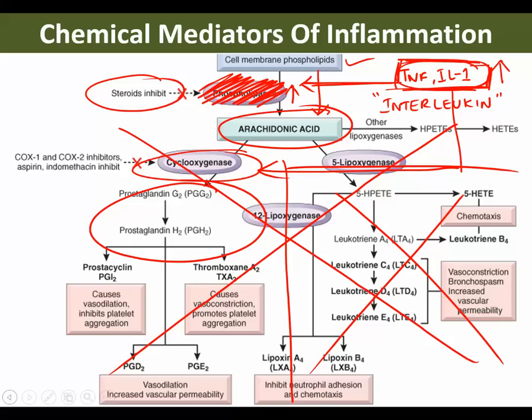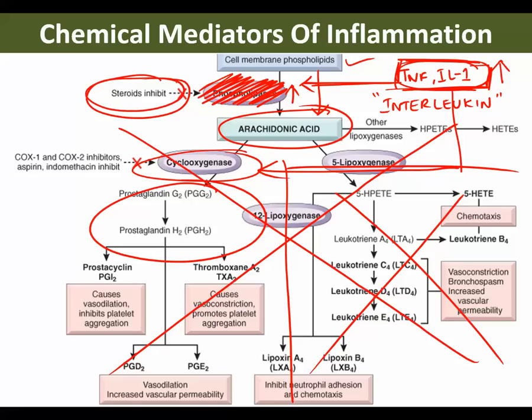COX-1 and COX-2 inhibitors I explained elaborately in the class, and it is also well explained in the video, very slowly. I paused because I had not explained much about steroids, so I explained that now.